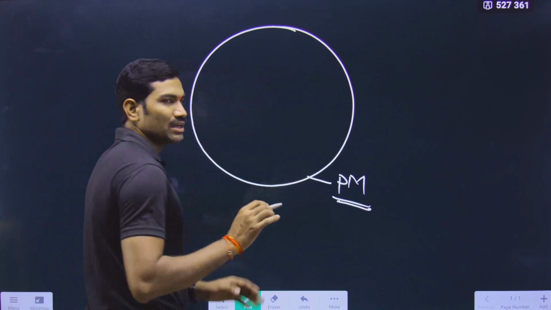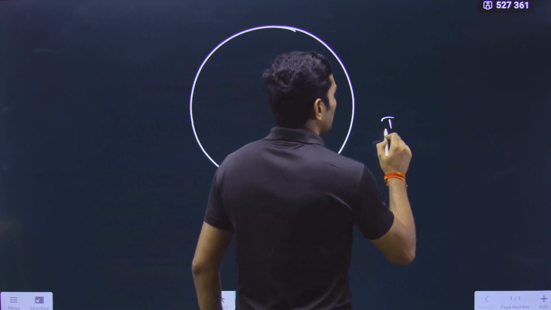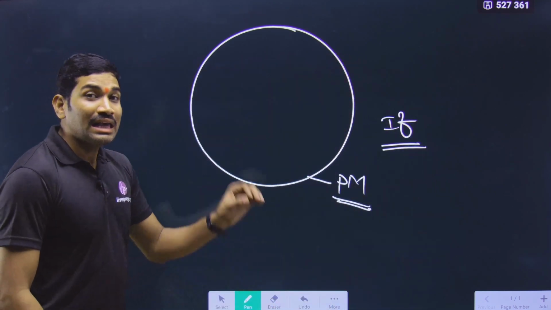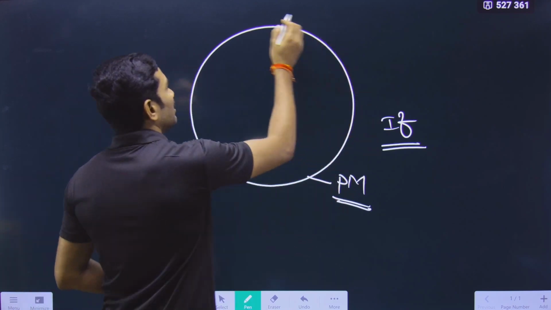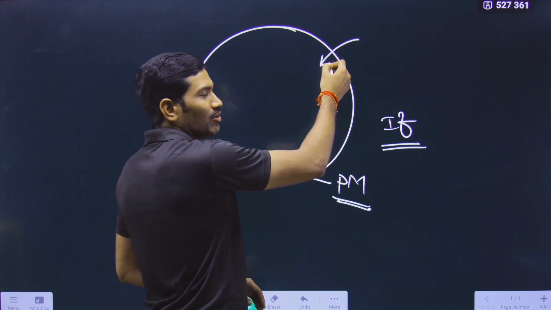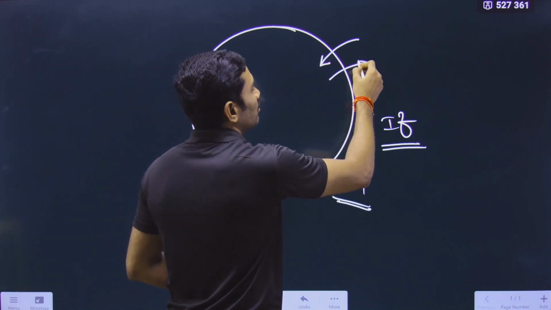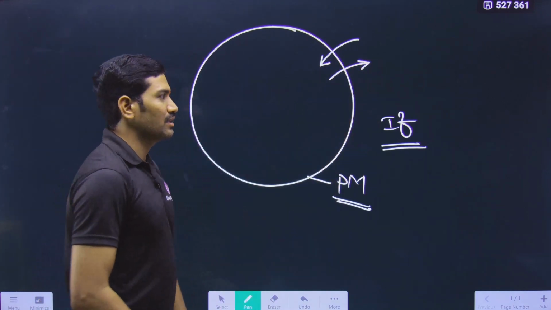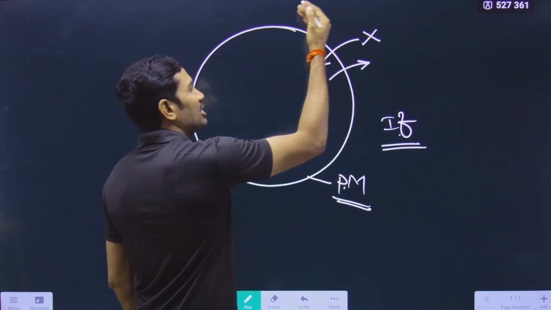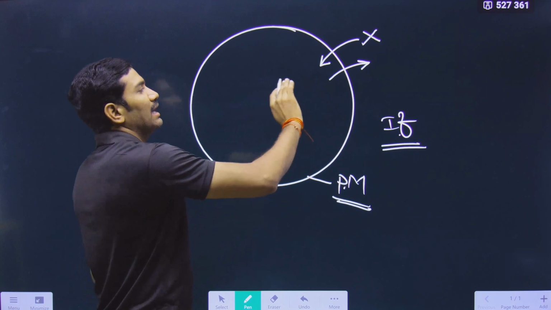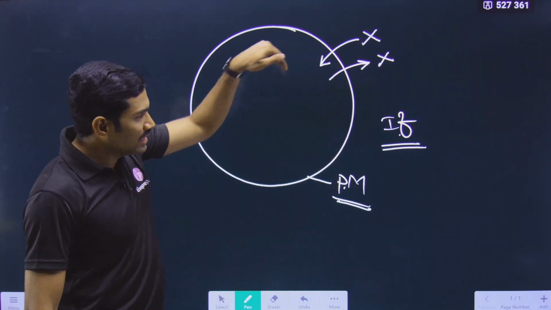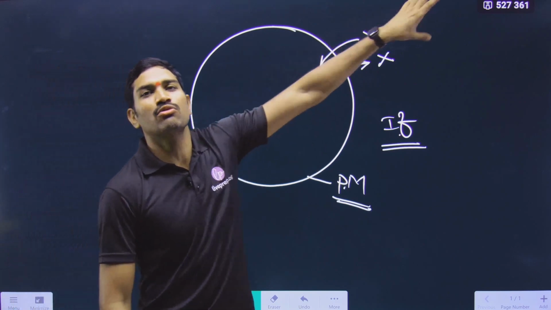Suppose this plasma membrane is not allowing entry of any molecule into the cell or exit of any molecule out of the cell. So there is no entry into the cell and no exit out of the cell.